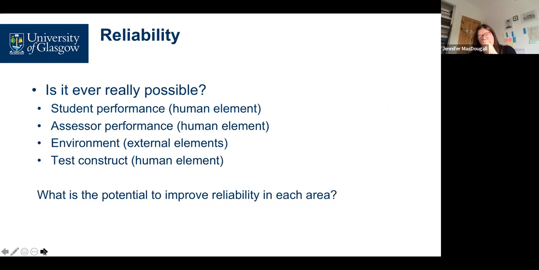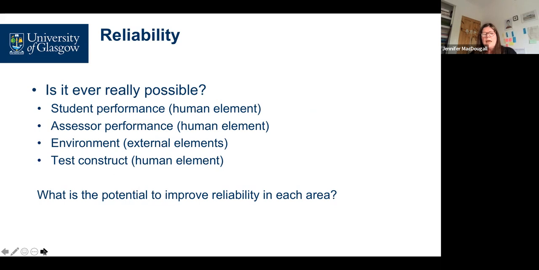Another cornerstone is reliability. Again, is it ever really possible to be completely reliable? Can an assessment be completely reliable? We're talking about human beings.